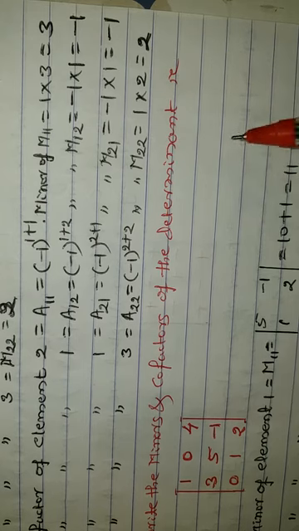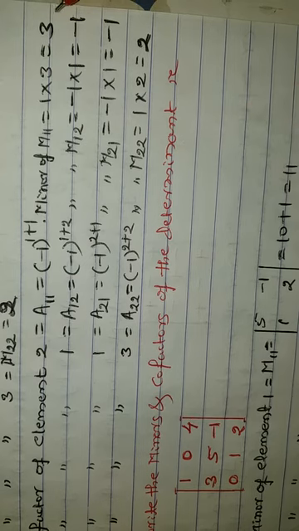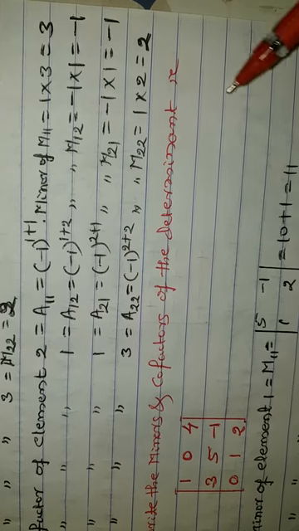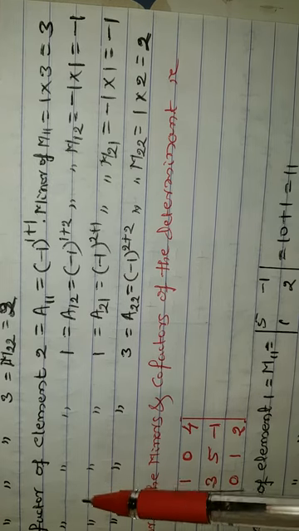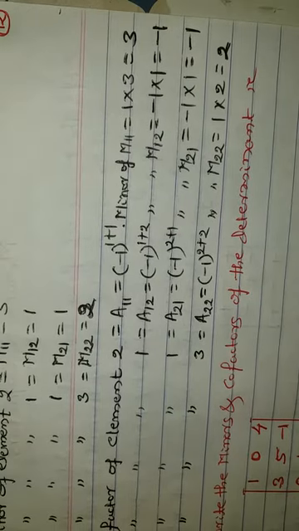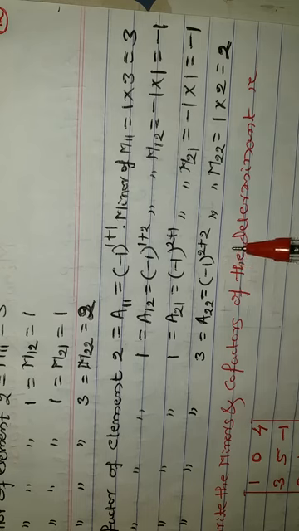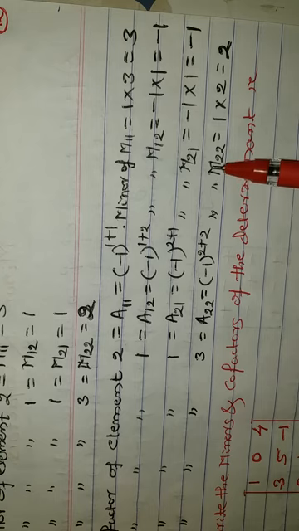Hence, the cofactors of the elements are 3, minus 1, minus 1, 2 respectively. In this manner, we find the minors and cofactors of the second order determinant 2, 1, 1, 3.